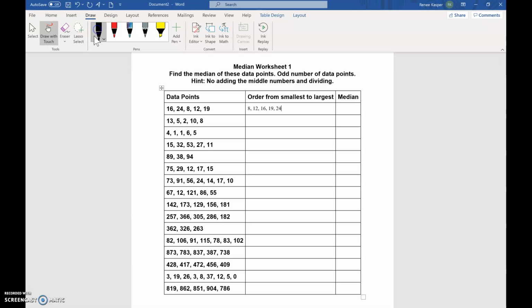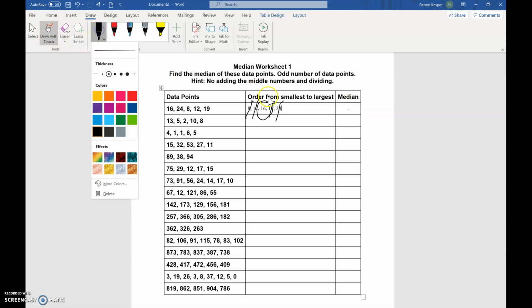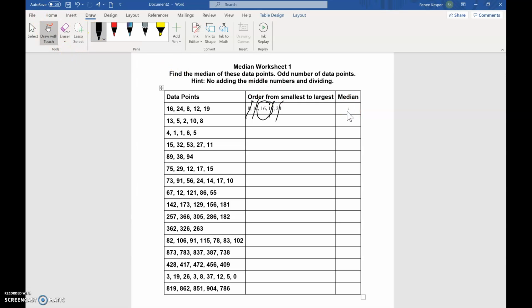So now I'm going to go ahead and cross out the smallest, so that would be 8, the largest, 24, the next smallest, 12, and the next largest, 19. And you can see there's only one number left in the middle, so that's 16. So then I know my median is 16.